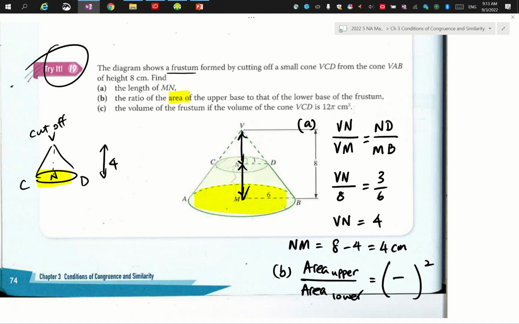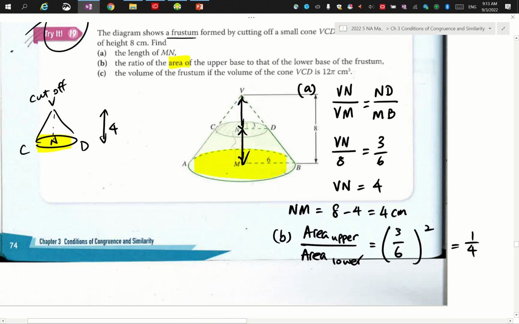Doesn't matter, because you're going to end up with half. So 3 over 6, and I get 1 over 4. Since they wanted it in a ratio, okay, let's do it properly. Area upper to area lower equals 1 to 4.